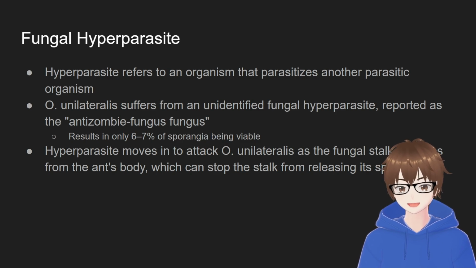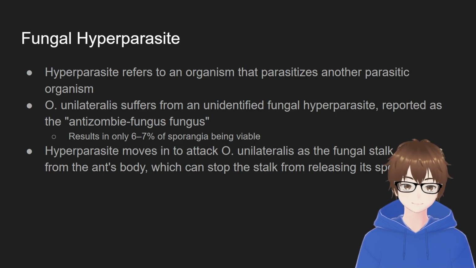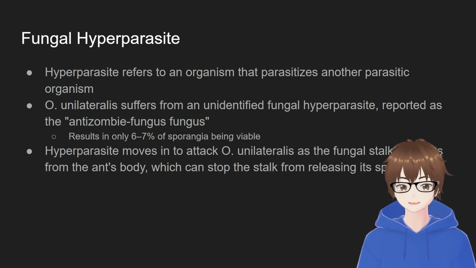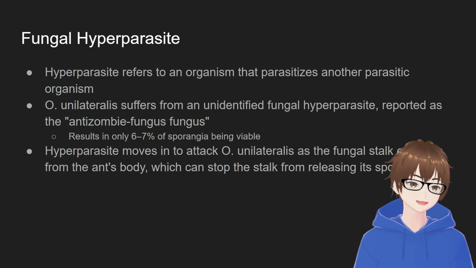So it only actually goes whenever the ant is dead and it is stuck to the leaf, and then the fungal stalk is starting to emerge, which can then stop the stalk from releasing its spores. So if you don't like the Ophiocordyceps, then this hyperparasite, whatever it is, I'm sure they'll find it out in the future, but whatever it is, it's a good thing.